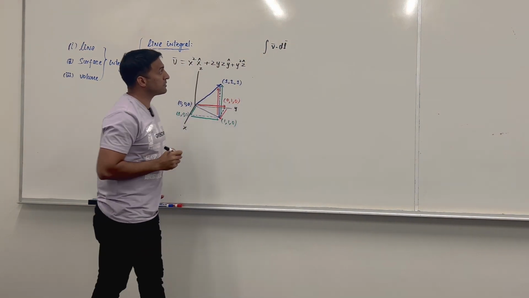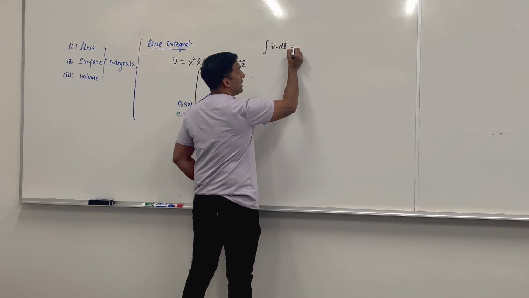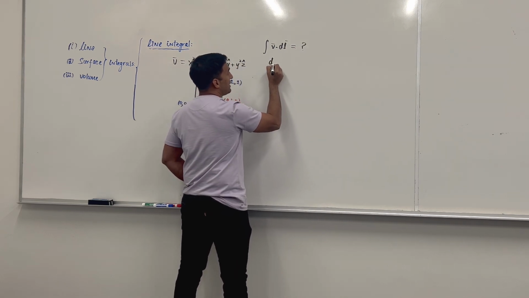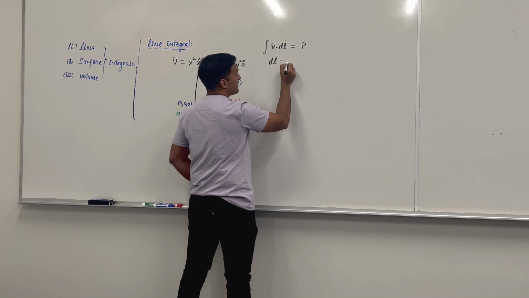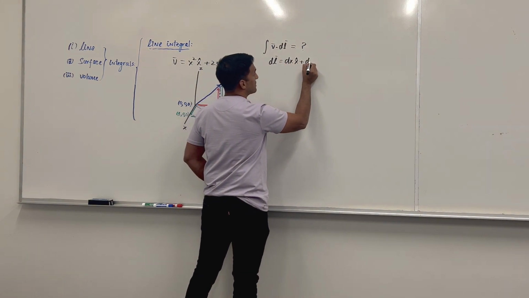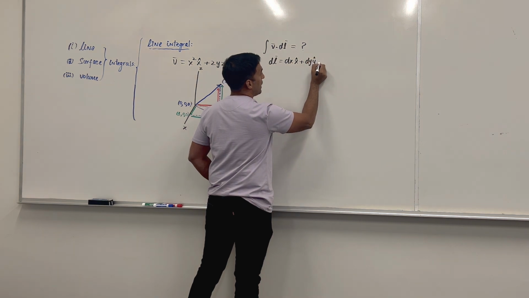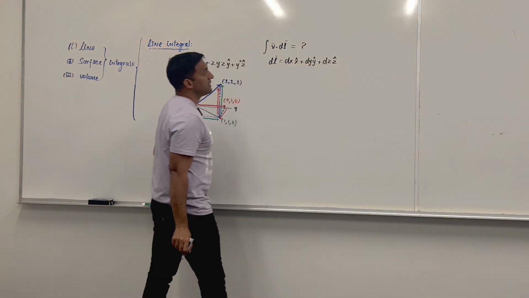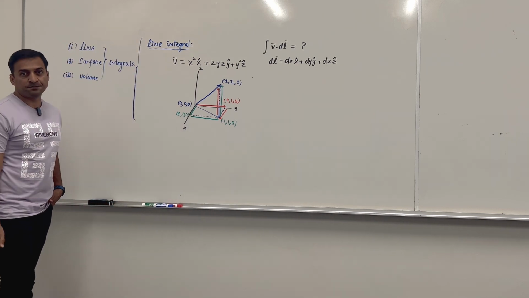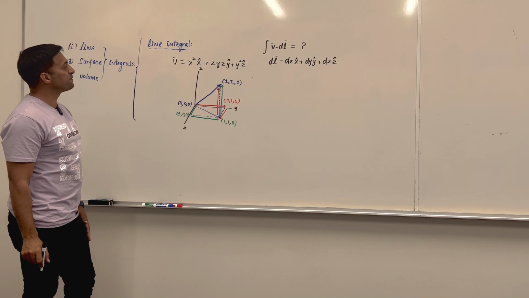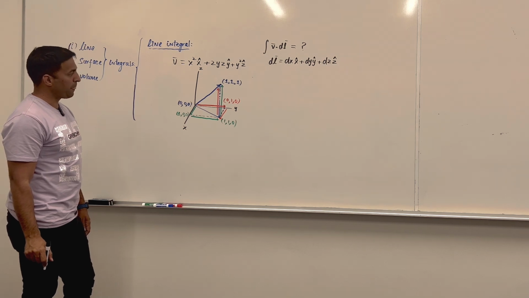We want to calculate this quantity along these 3 different routes, and dl is the length element. It's given as dx x unit vector, plus dy y unit vector, plus dz z unit vector. That's the length element in space along x, y, and z directions.